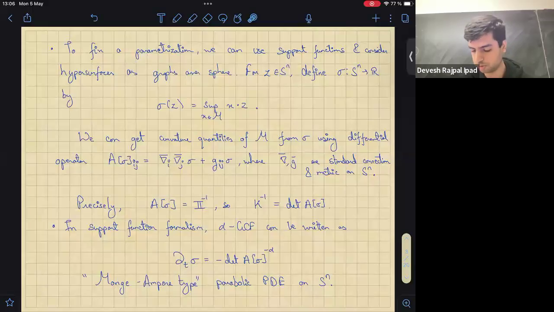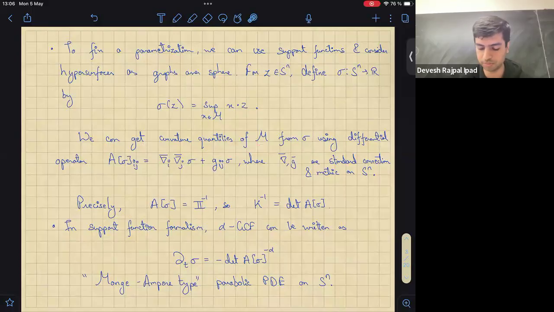So the support function for a convex body can be defined as a function from the sphere to real numbers, obtained by: sigma of z is the supremum of x dot z as x varies over the hypersurface. It's the distance from the origin to the hyperplane which has normal z. This contains all the information about our hypersurface.